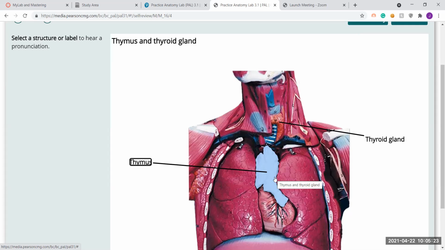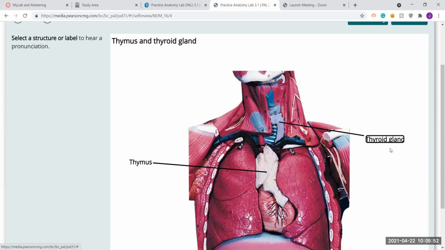After the individual reaches puberty, your thymus is pretty much already shrunk. It does not do any function after that. So it is very active in early age. And the main function of the thymus is to be the site for the maturation of T lymphocytes.